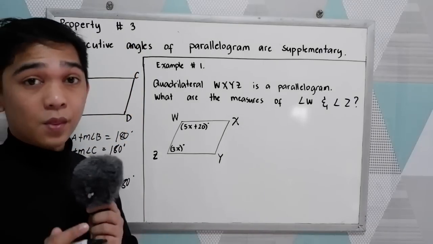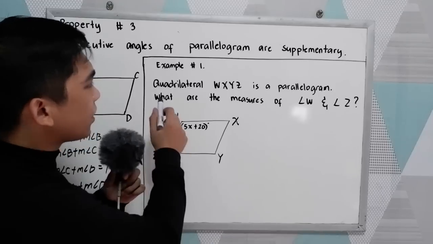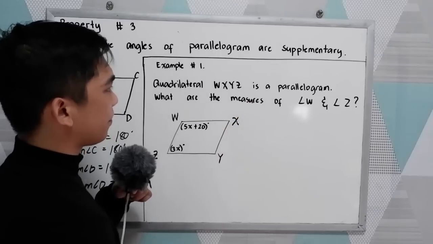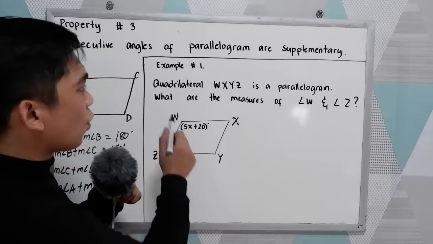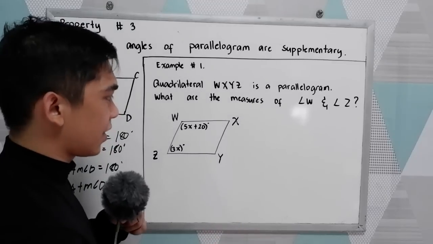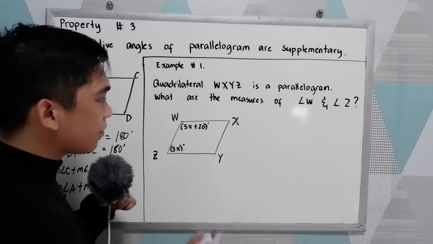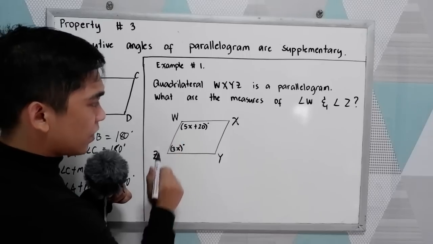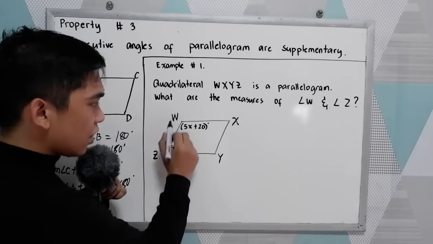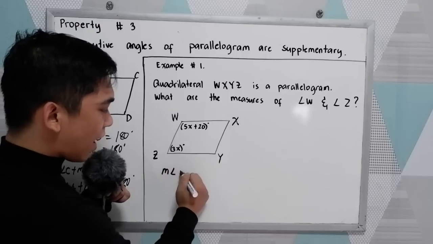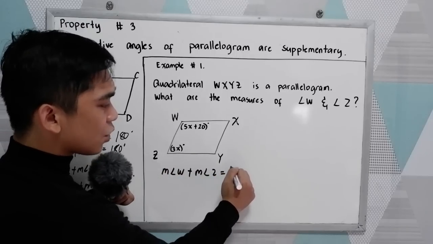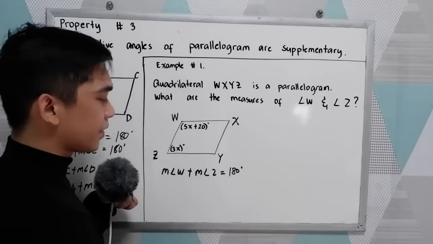Now let's have our example number 1. Quadrilateral WXYZ is a parallelogram. What are the measures of angle W and angle Z? So we have the given. We know that in our property number 3, if we add the measure of angle W plus the measure of angle Z, that is equal to 180 degrees.